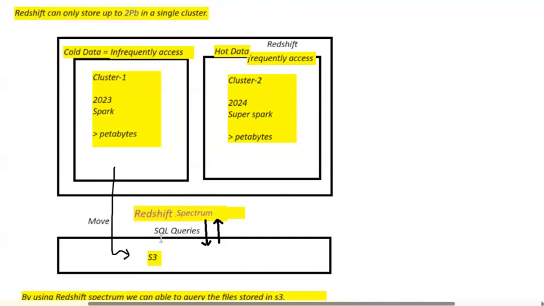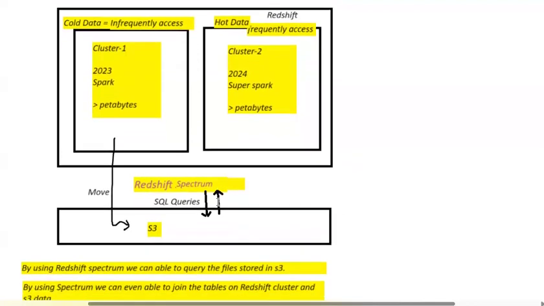Yes, we can join Redshift cluster tables with S3 data tables by using Redshift Spectrum SQL queries. If you want to join your cluster data with S3 data, the only option for you is Redshift Spectrum SQL queries.